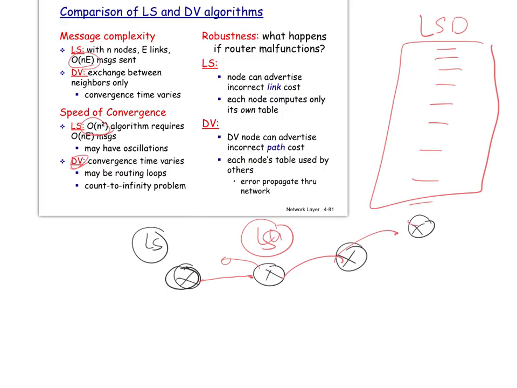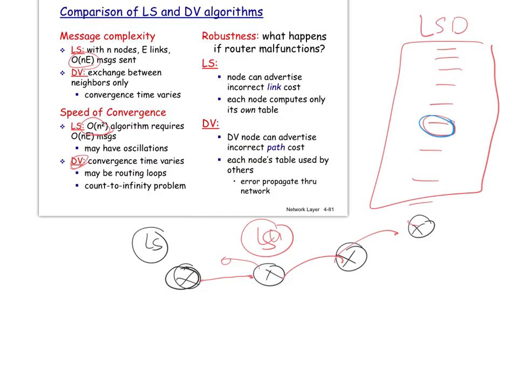So in that case, the link state is more resistive. Why? Because link state will have to report the individual link states for all the edges independently. Okay? So one, for example, or two of these link states will be wrong.